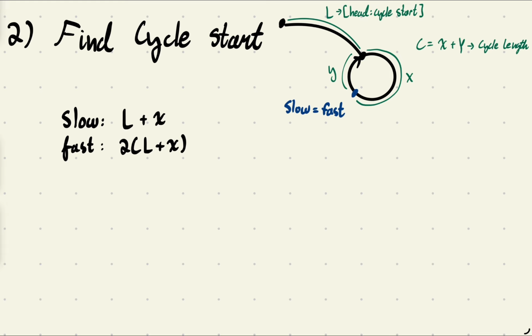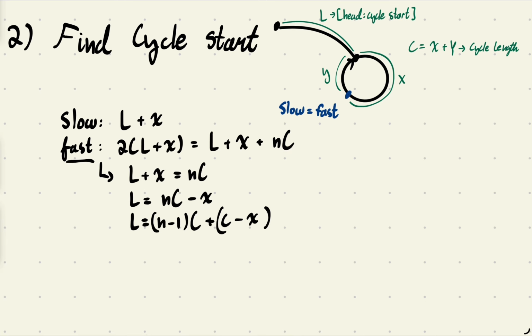And so we can rewrite fast to be equal to L plus X plus NC, because fast will have completed at least one lap before it meets with slow. And that's where that term NC comes from. And so we can simplify this a little bit further, and you'll notice that this term right here is actually equal to Y.